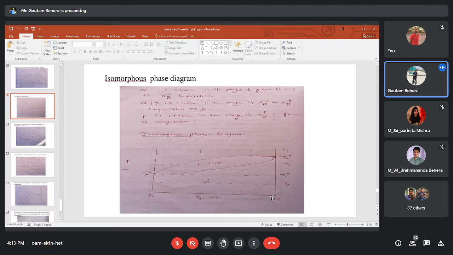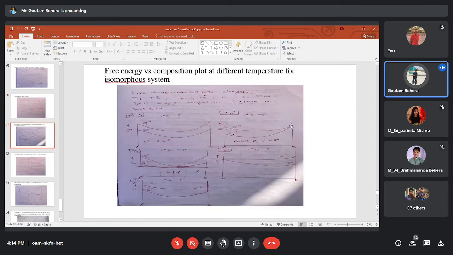That means in the free energy versus composition plot, the curve for liquid will be lower and alpha will be higher. You understood up to this? But when you reach exactly point B, the alpha curve and liquid curve will intersect, because they have the same free energy. You understood?